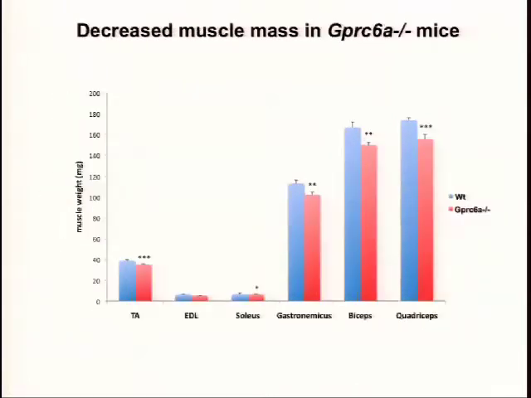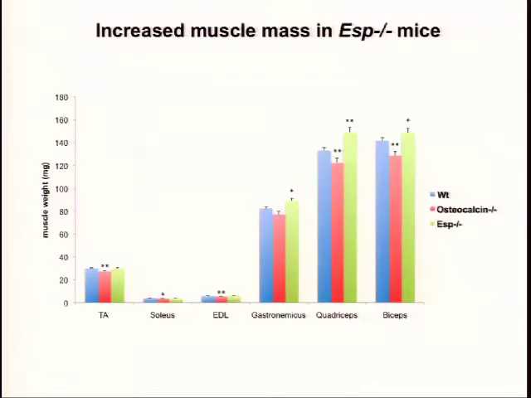We looked also at mice that lack what we call OSTAR, because it's easier to pronounce, the osteocalcin receptor, in all cells. So it's not a cell-specific knockout, but the OSTAR null mice have the same sarcopenia as the osteocalcin null mice, and it develops at the same age. And we used as a control the ESP null mice, and in absence of ESP, mice have an increase in muscle mass, not in all muscles, but in most of the muscles that were affected by osteocalcin.